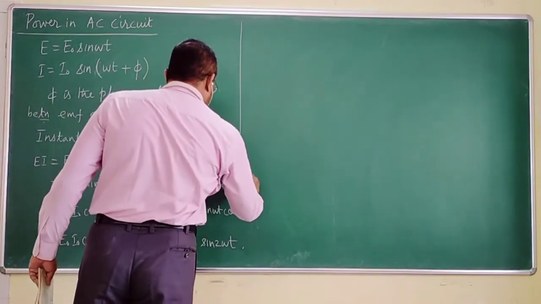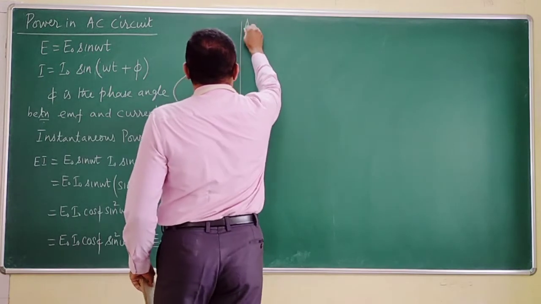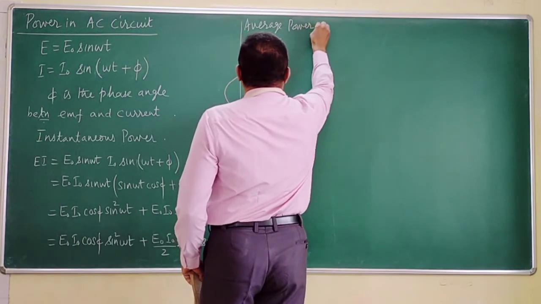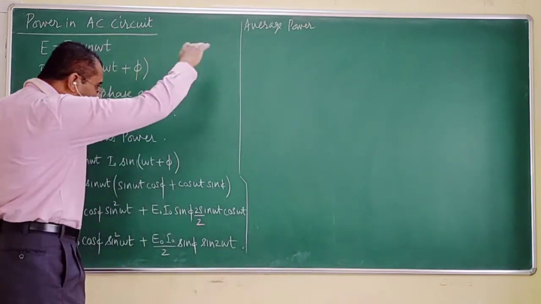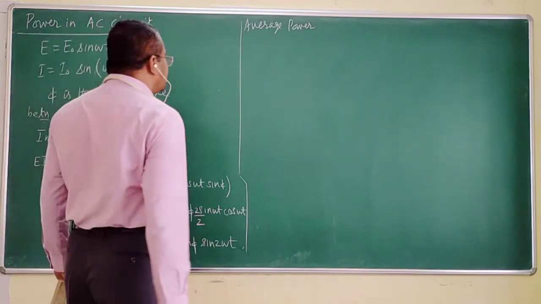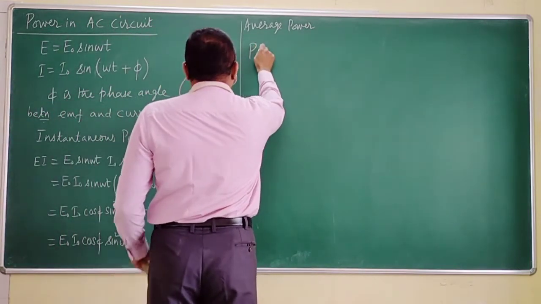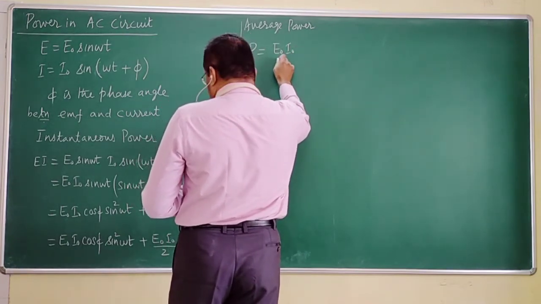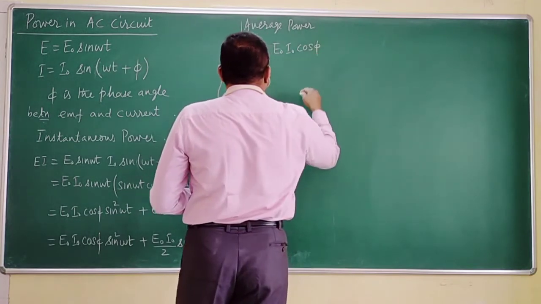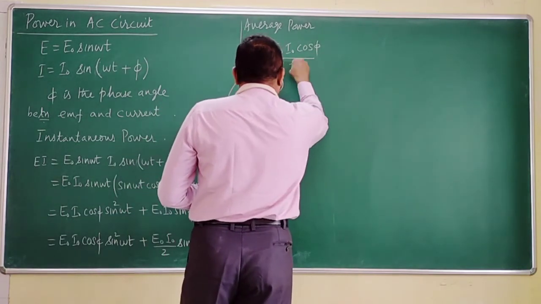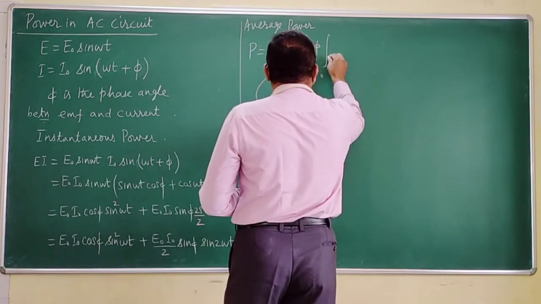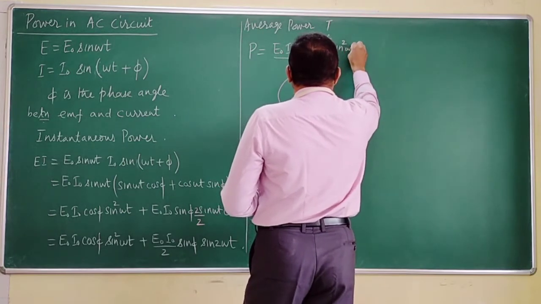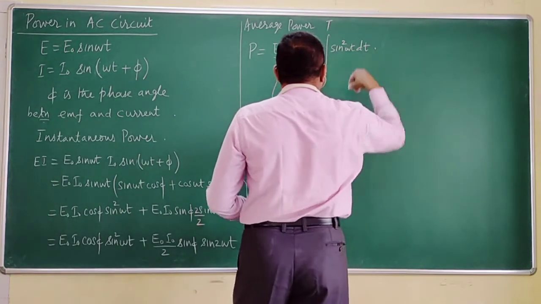Therefore, average power, we need to add all the instances and divide by the total time. Therefore, I write P is equal to E naught I naught into cos phi divided by the total time T, integral 0 to T sine square omega t dt. Okay, sir?